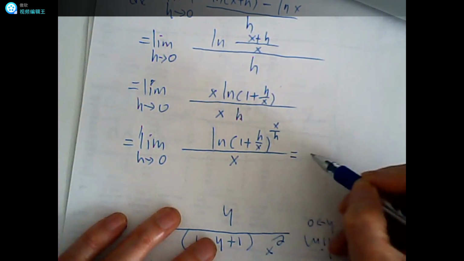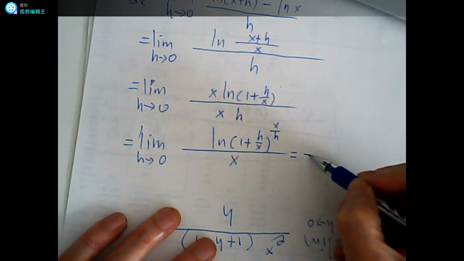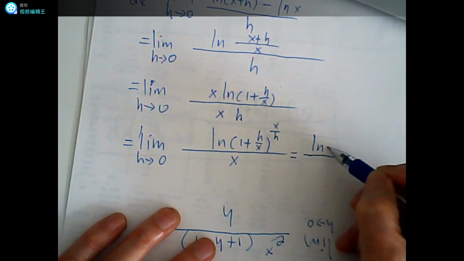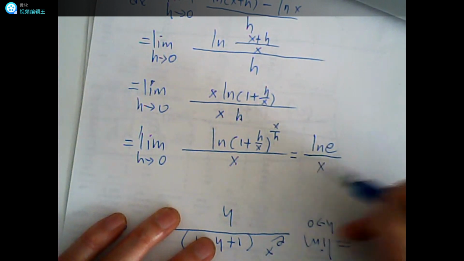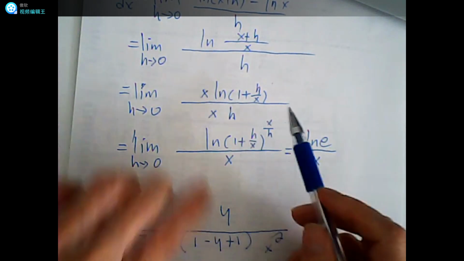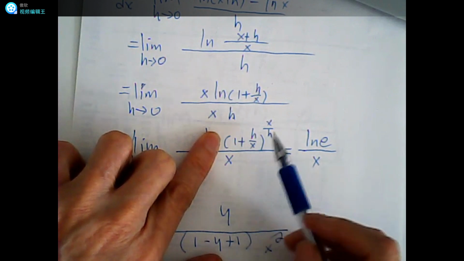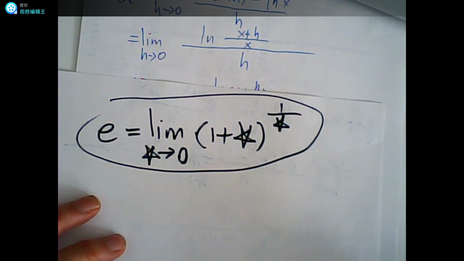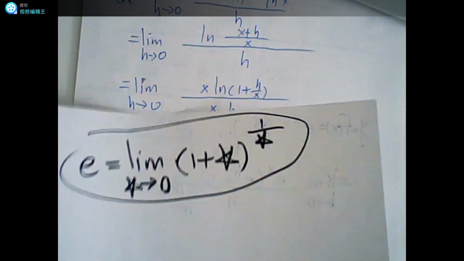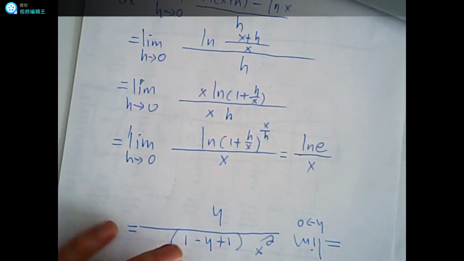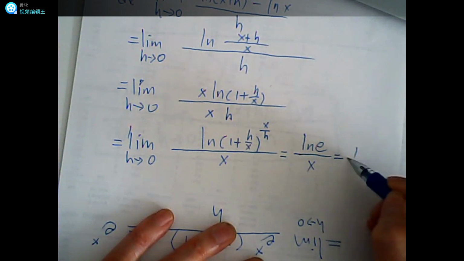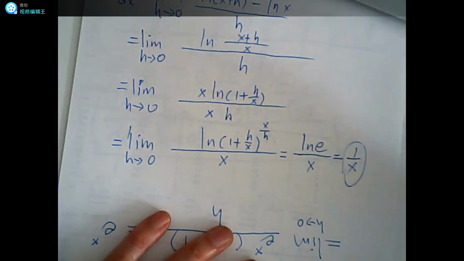So this is equal to, no more h, log e over x. Because this is e. Log of e is 1, so 1 over x. That is the result.